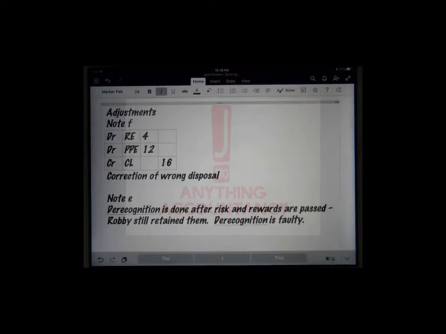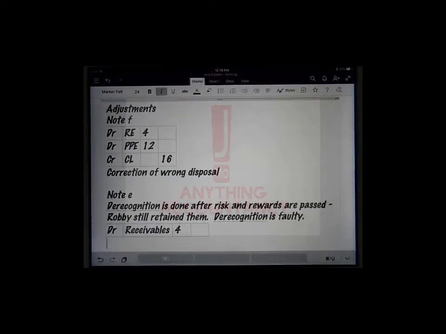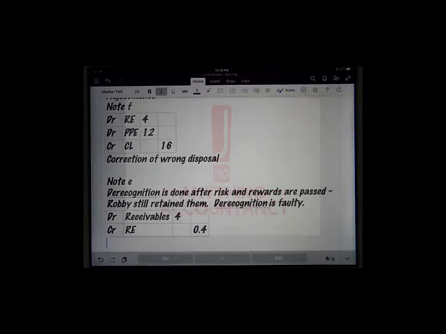Credit receivable? They already credited already, right? Debit bank? Debit bank, receivable. So how? Credit, returning how much? 3.6? 4? 0.4. Wow, you guess every number possible. 0.4. Okay, right. Now, the other one is credit where?